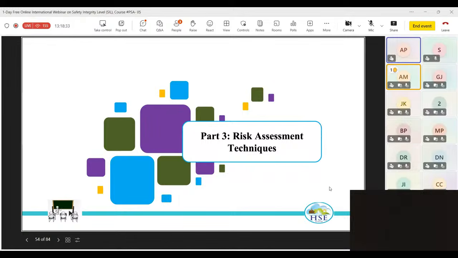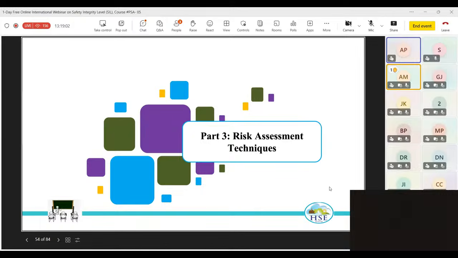And if it goes much beyond your acceptable risk, then you have to use some risk assessment study technique and then decide your existing risk. According to the assessed risk, you have to bring it down to your acceptable limit by putting in some safeguards.